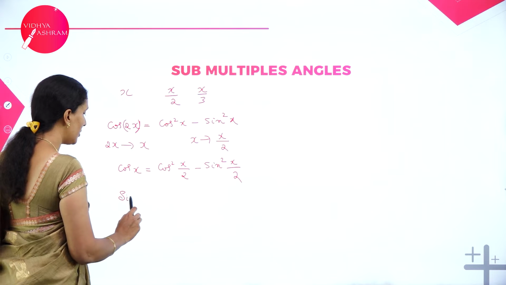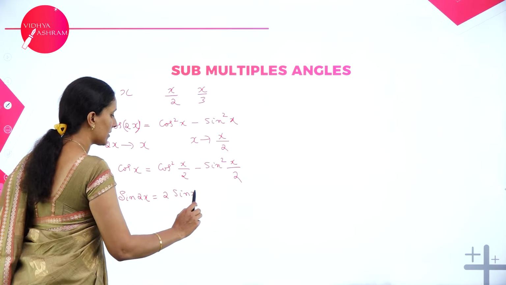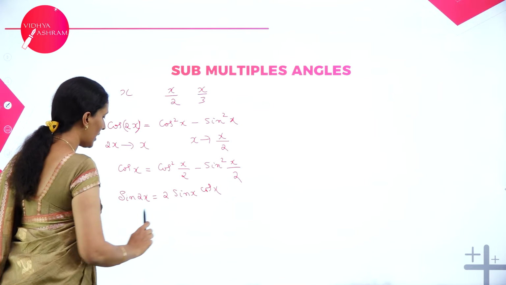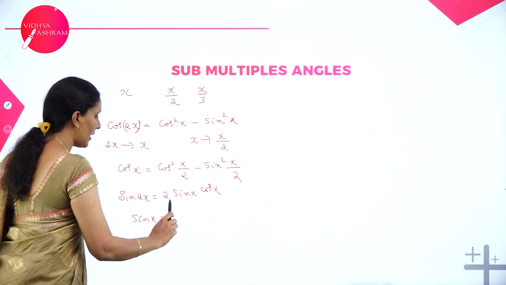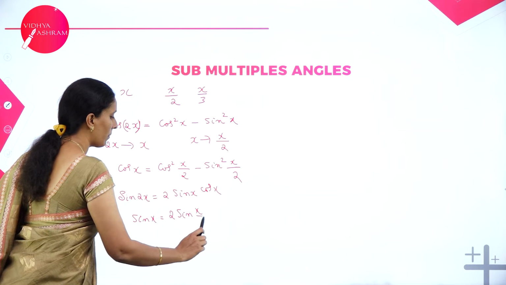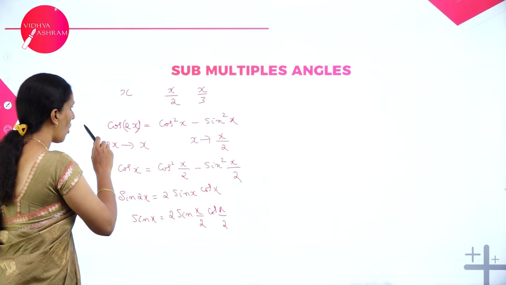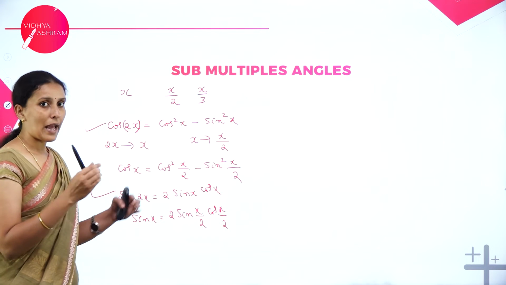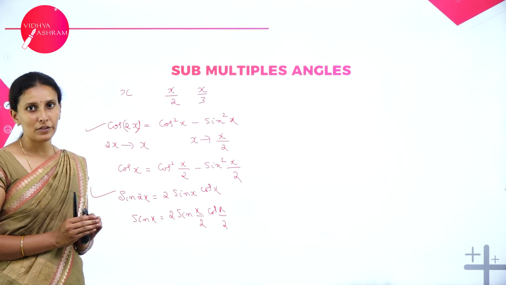Similarly, we know that sine 2x is 2 sine x cos x. So what is half of 2x? It is x. Then this can be written with half of x as x by 2, which can be written as sine x equals 2 sine x by 2 cos x by 2. Hence, all the multiple angles can be reduced to half of the given angle or 1/3 of the given angle.